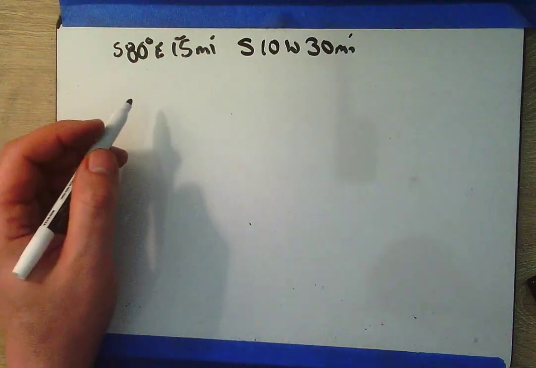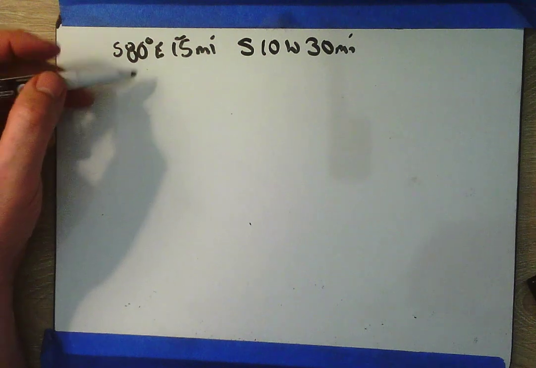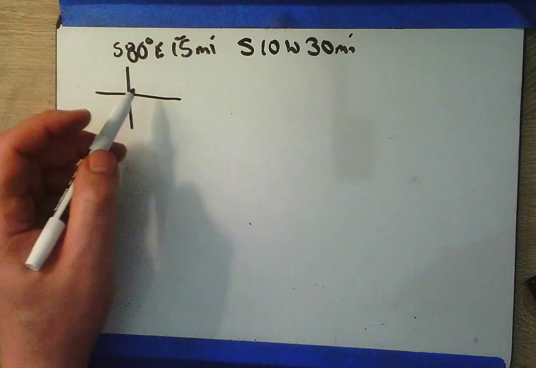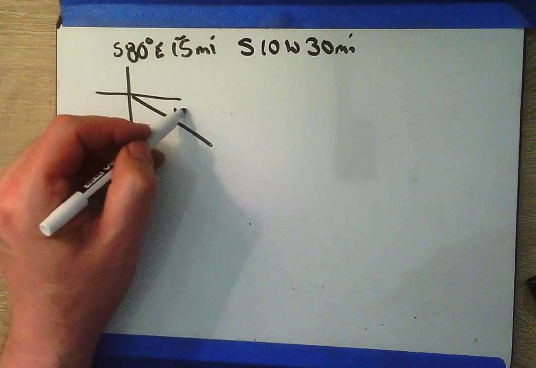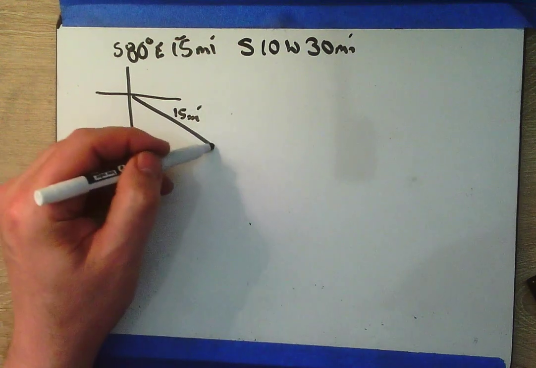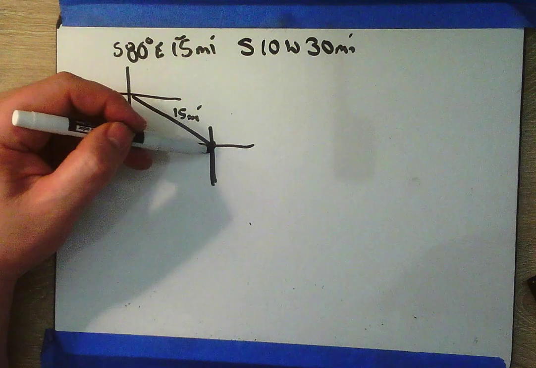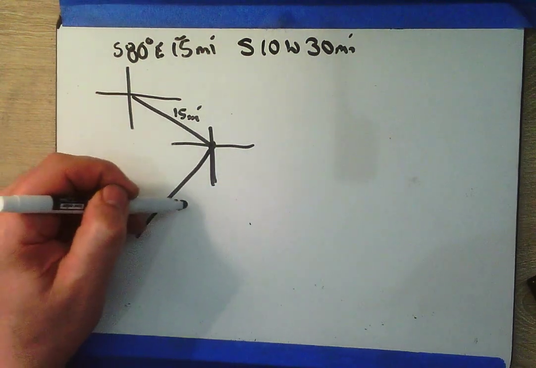Okay, so I've seen this problem drawn lots of different ways. First way I've seen it drawn is this way: south 80 east for 15 miles, and then they draw the compass rose here, and they go south 10 west for 30 miles.